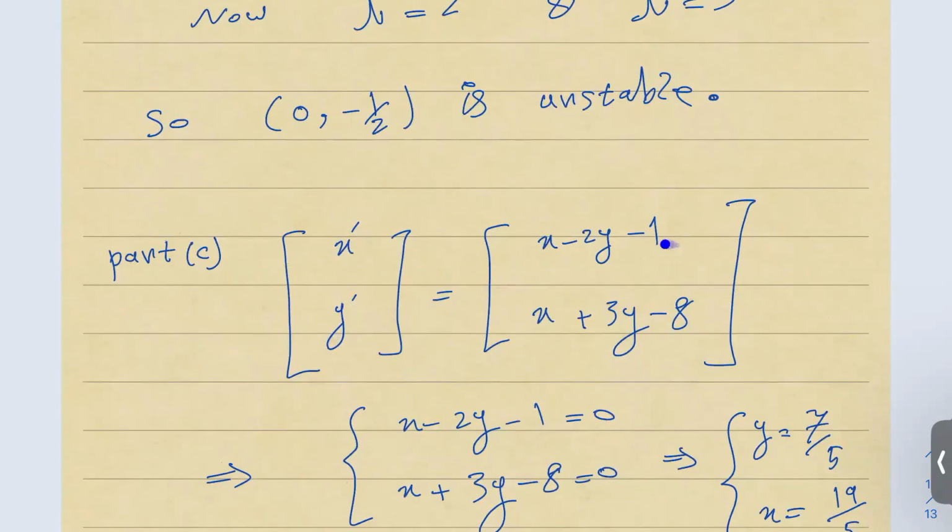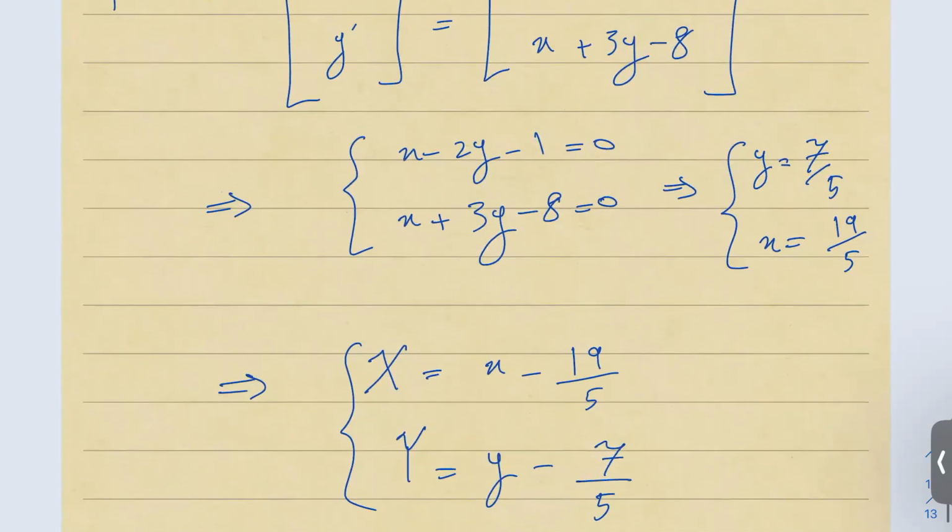x prime, y prime, again, this. This time, again, we solve this one. What a nice number, 7/5, 19/5. So these are positive. Let's remember capitalized X, capitalized Y, we can do this change of variable.